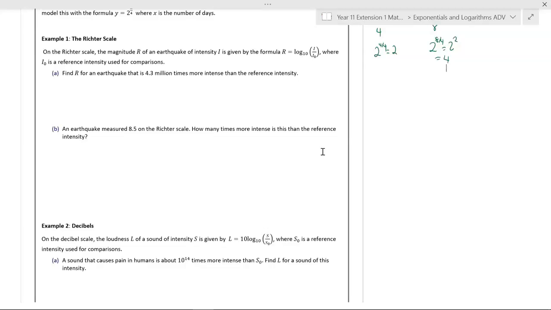So first of all, I want to find R, which is the magnitude of the earthquake that is 4.3 million times more intense than its reference intensity. Basically, I've got one earthquake and another one that's 4.3 million times more intense. How does that compare on the Richter scale? So first, let's write the formula.